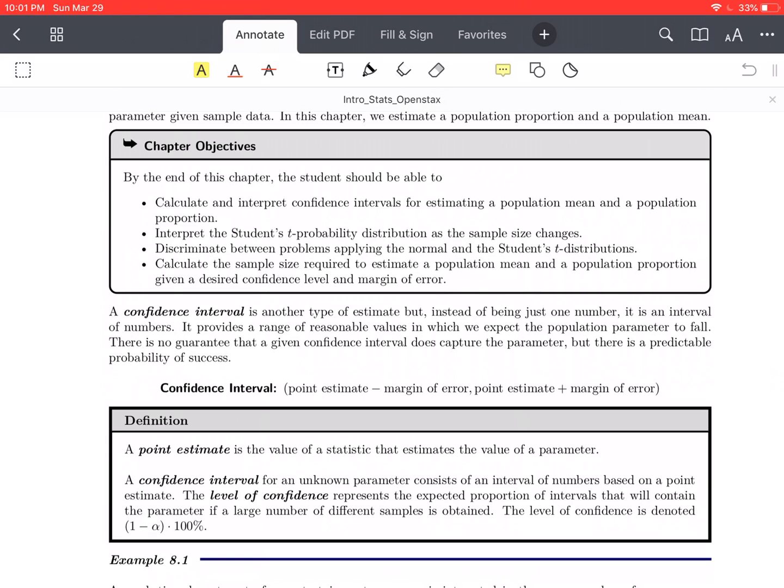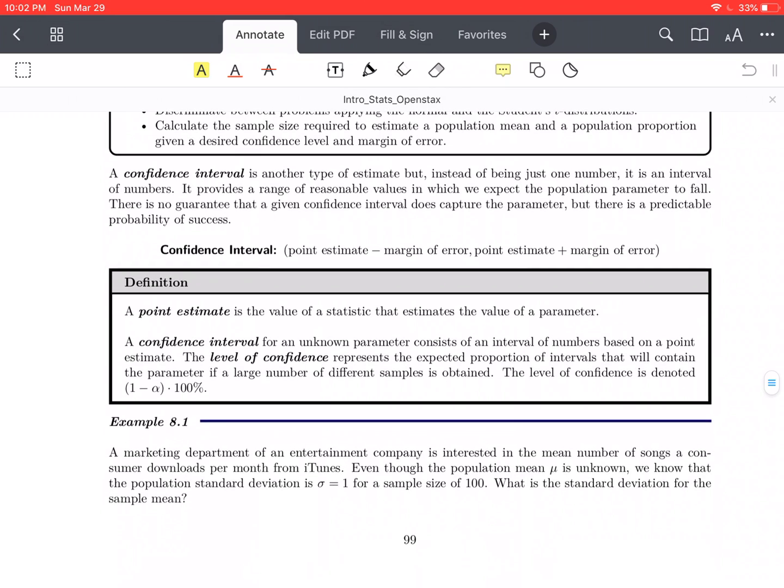So when we talk about our level of confidence, we can say that I am 90% confident that a particular value is within this interval, or I'm 95% confident that this particular value lies in this interval. Generally speaking, we won't have 100% confidence in anything. That's just kind of how it works in statistics. But let's look a little more closely at what it means to have a confidence interval.